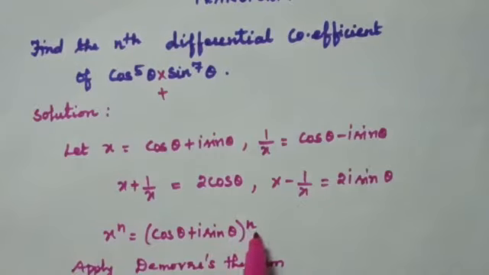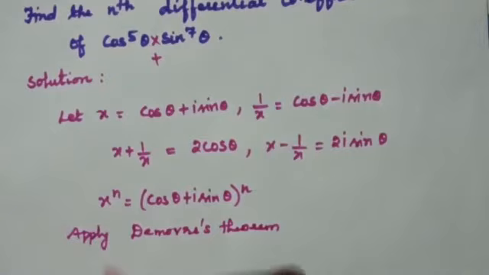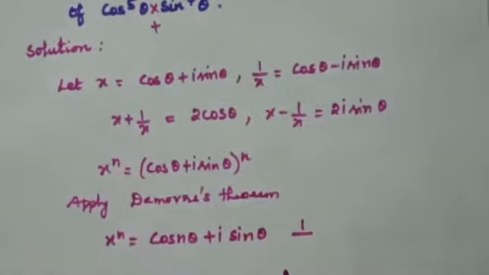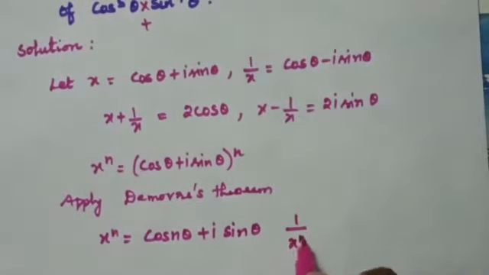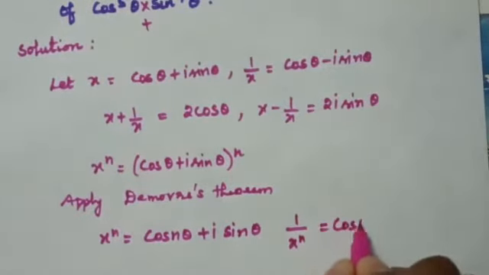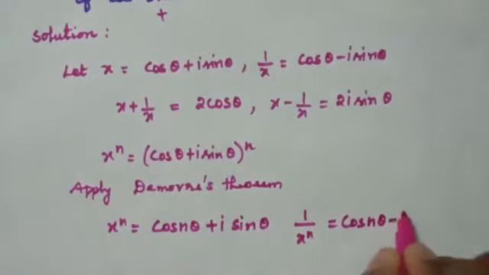If you have a power like this, you can take it inside. So you will get x power n is equal to cos n theta plus I sin n theta, and 1 by x power n is equal to cos n theta minus I sin n theta.